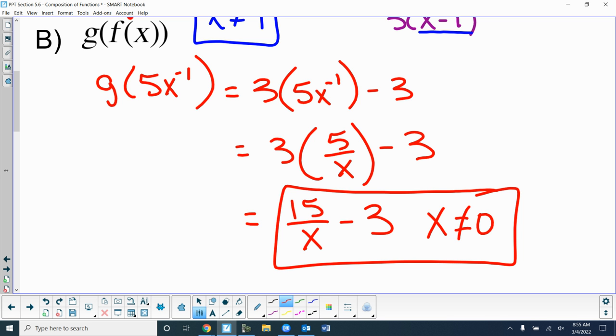Okay. So when you don't have a number in the parentheses, like we did in the first few examples, when you have the variable x, you're plugging the whole g function into the f, or the whole f function into the g, and then you're just simplifying, like you know how to do. Okay?